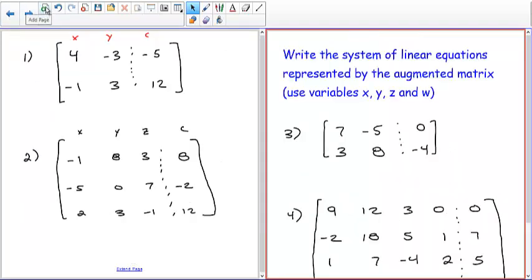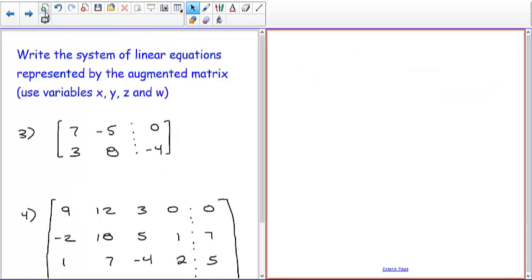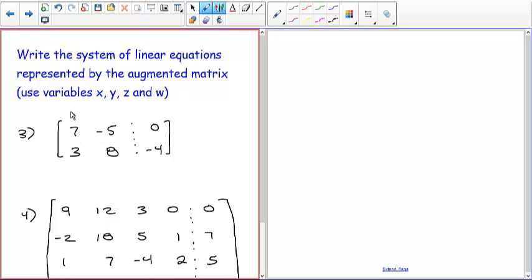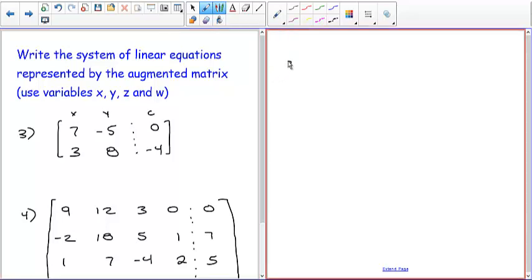Okay, the next thing you can do is take a matrix and go the opposite direction. So these just show that they are equivalent to each other. So here we have the augmented matrix. We have x, y, and c. So for number 3 you have 7x minus 5y equals 0, and 3x plus 8y equals -4.